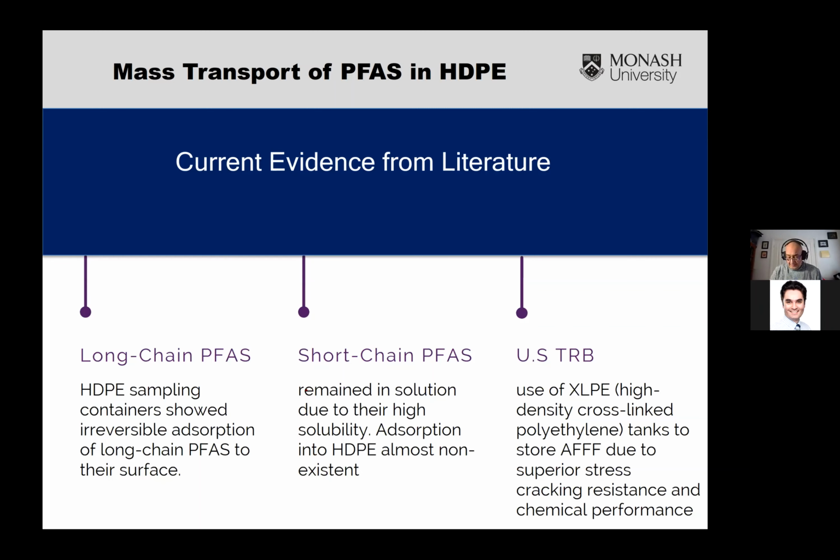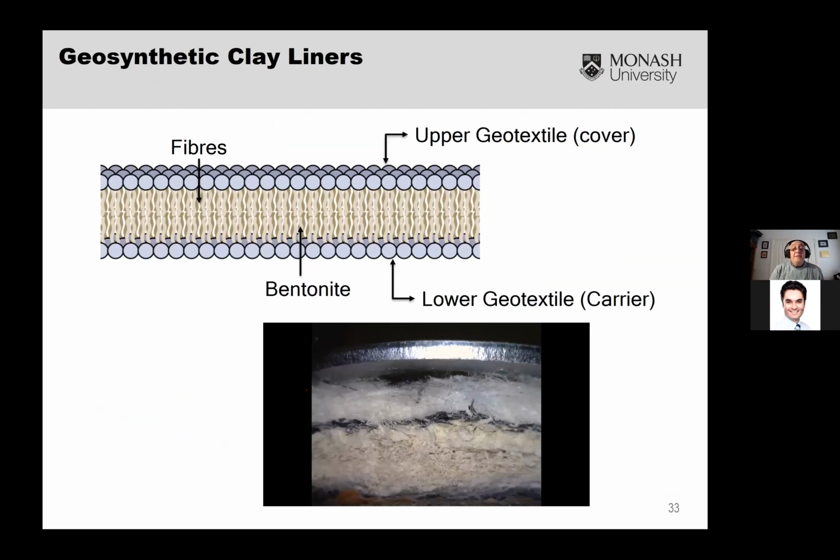Now, the other barrier system we rely on is geosynthetic clay liners. And again, it's a well-known material. It's a composite material composed of bentonite, sandwiched between two geotextiles through a needle punching process to hold the whole thing together.